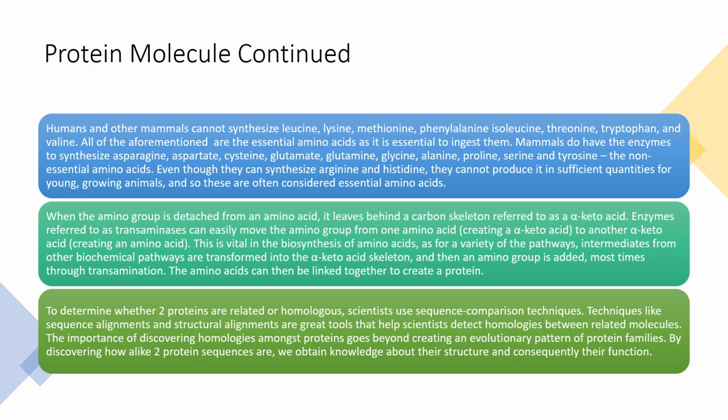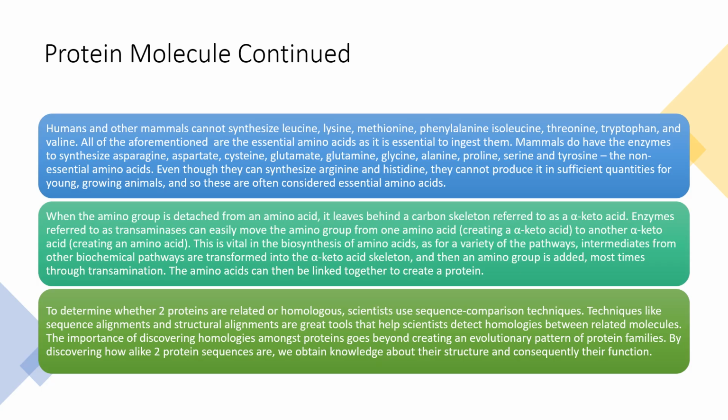Enzymes referred to as transaminases can easily move the amino group from one amino acid, creating an alpha keto acid, to another alpha keto acid, creating an amino acid.